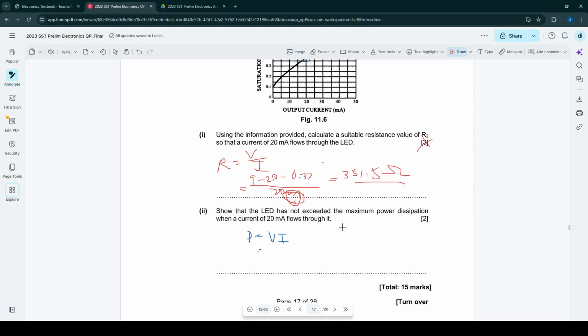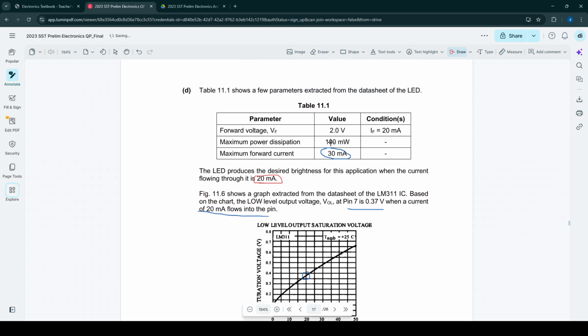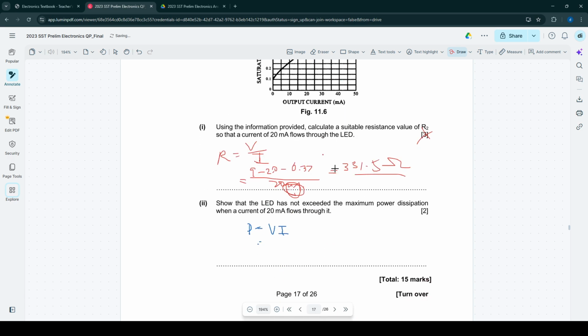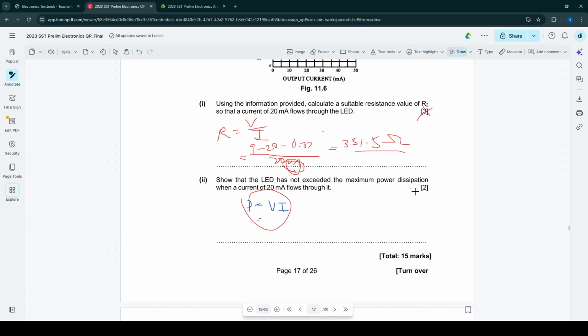Show that the LED has not exceeded the maximum power dissipation, which is 100 milliwatts. So yes, we know the power is V times I. We know that the voltage across it will be 2 volts, and we know that the current is 20 milliamps. So we just plug this into a calculator.